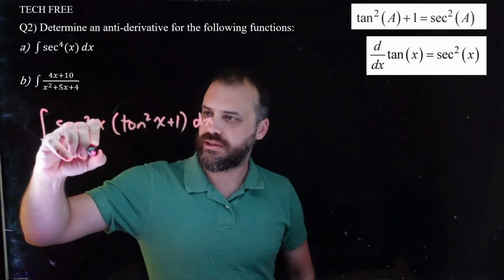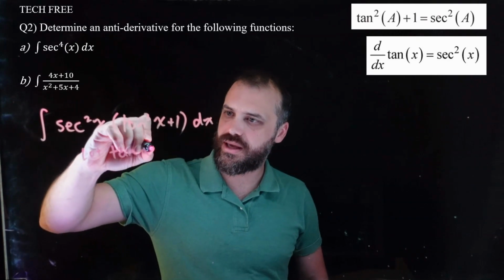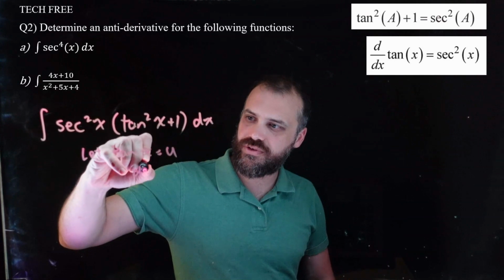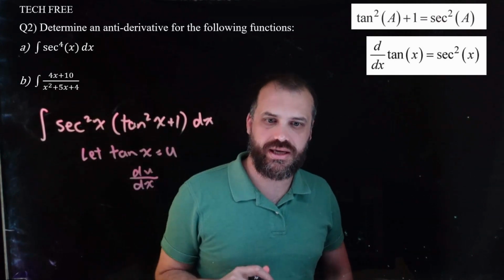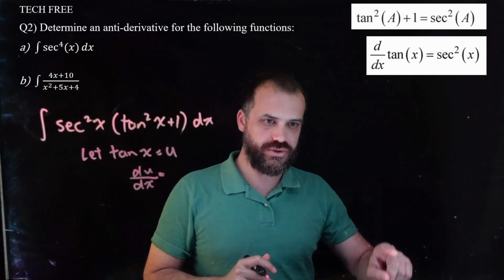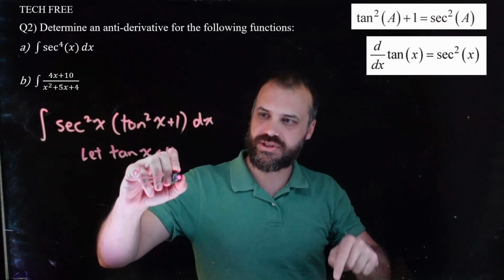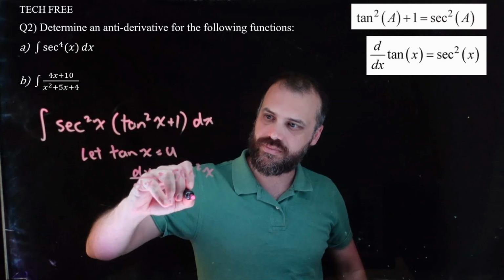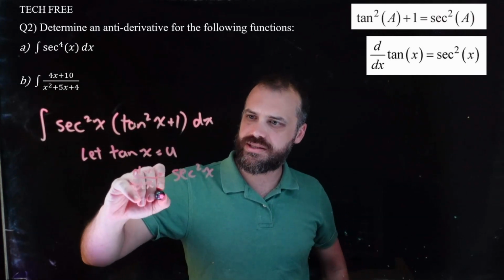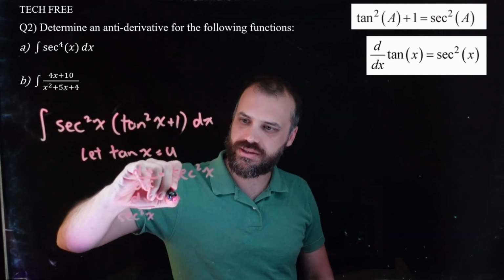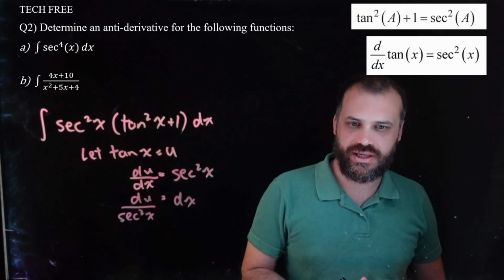That means the derivative of u with respect to x is equal to sec squared x. The derivative of tan x is sec squared x. And that means du over sec squared x is equal to dx.